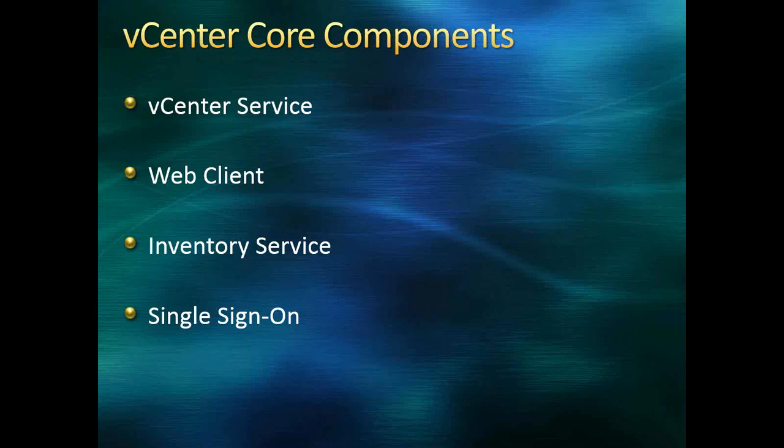There's also an inventory service, which enables an administrator to more easily search through the inventory of a vCenter environment and find things faster without necessarily having to go back and query the database.